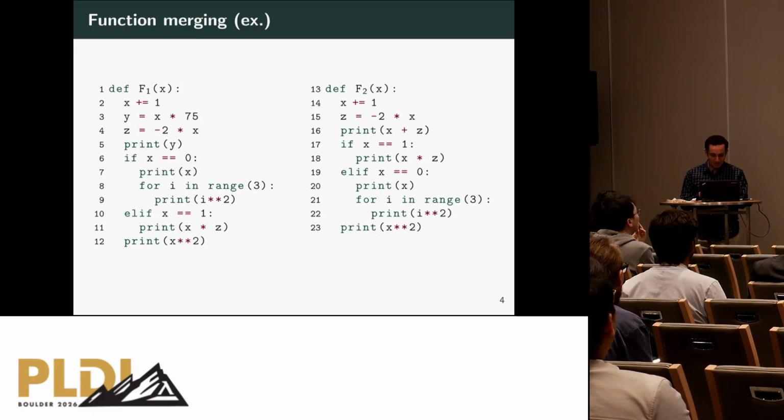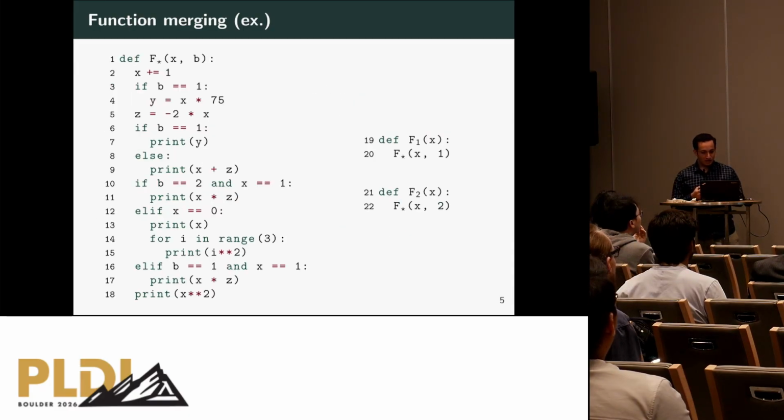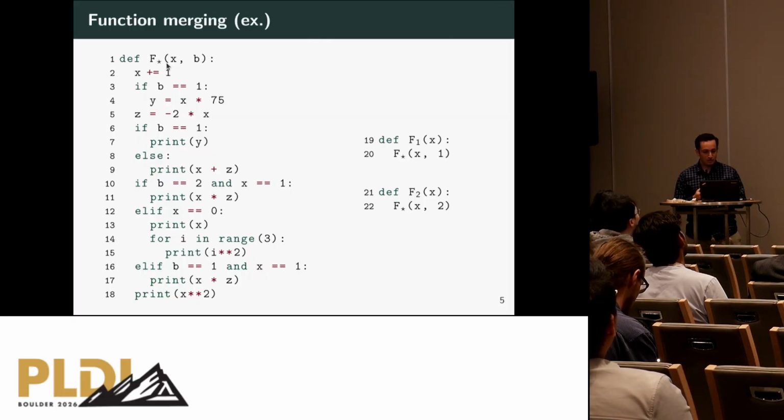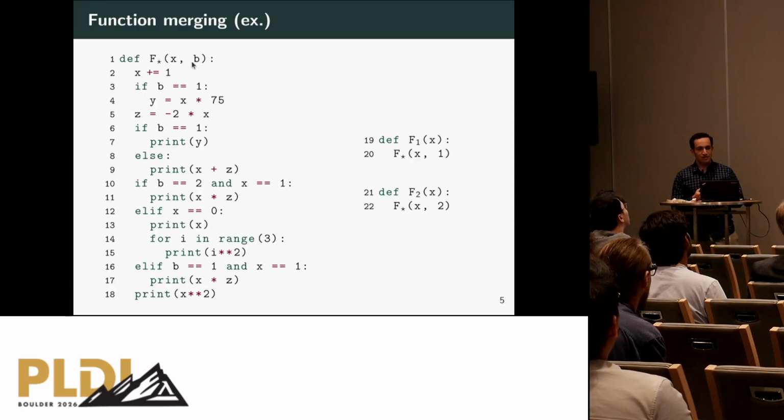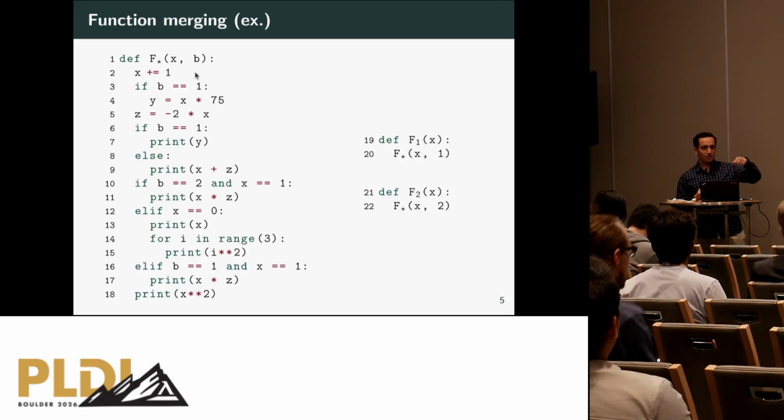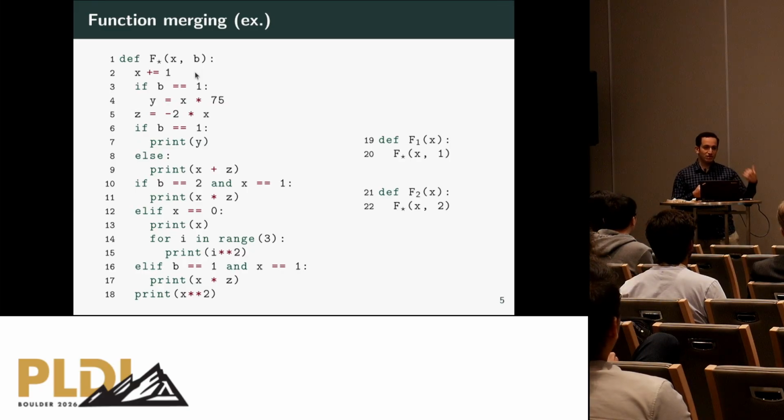So here are two functions, f1 and f2. They both take a parameter x. And here's one way to merge them. We have this merged function, f star. It also takes a parameter x, but also takes this selector parameter b, which when set to 1, this function will simulate f1, and when it's set to 2, it will simulate f2.